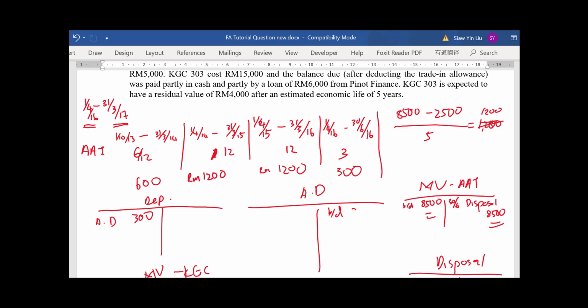Accumulated depreciations total is 3,300. 3,000 is from 600 plus 1,200, 1,200, and then plus the current year 300. So you have in total 3,300. This is for your disposal. Because you sell it, there is no more.